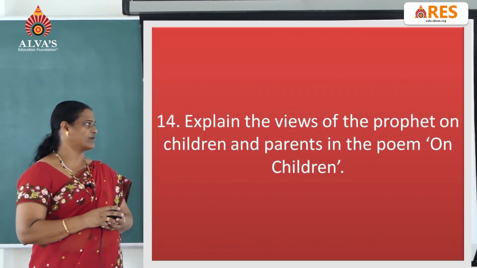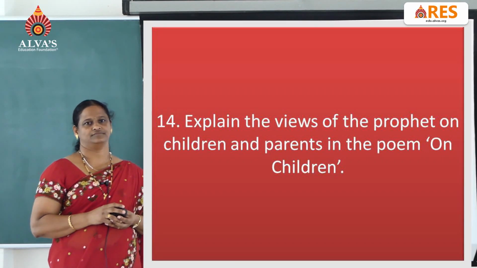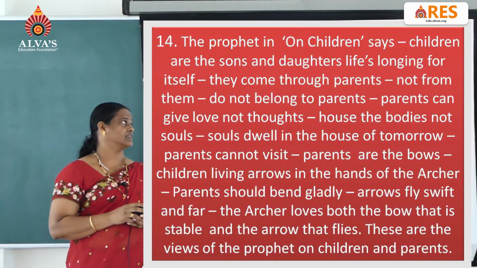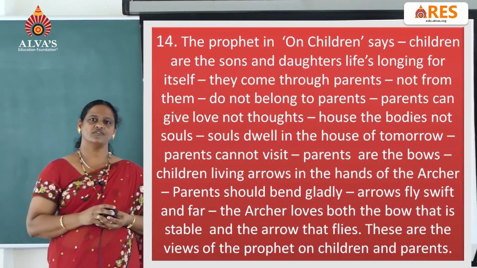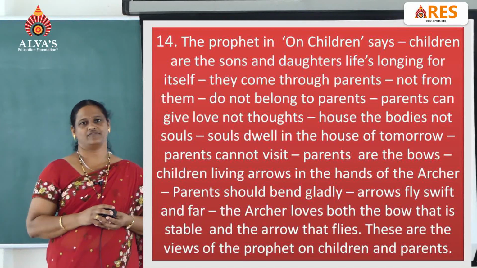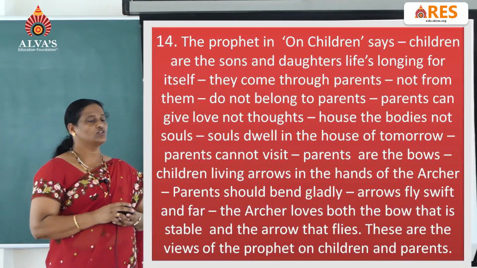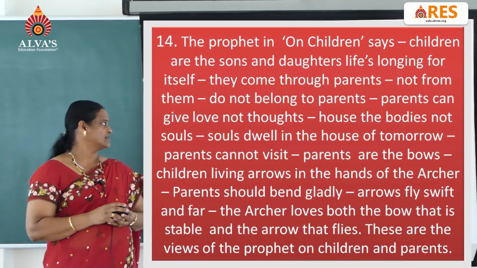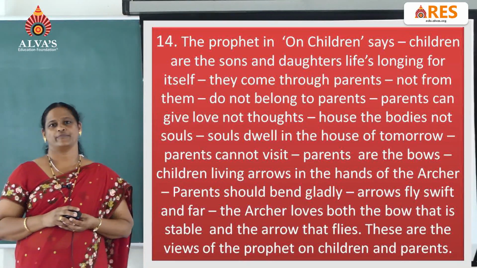Explain the views of the prophet on children and parents in the poem On Children. The prophet in On Children says that children are the sons and daughters of life's longing for itself. They come through parents but not from them. They do not belong to the parents. Parents can give their love but not their thoughts.